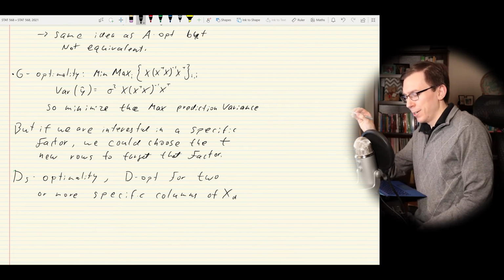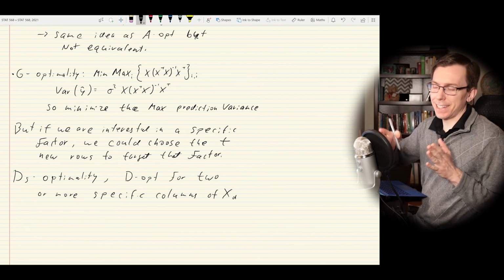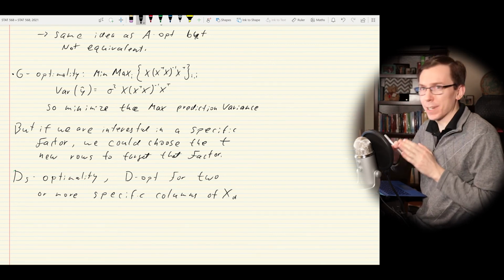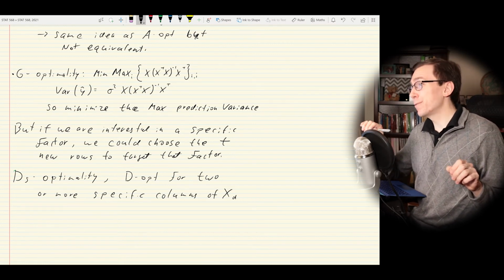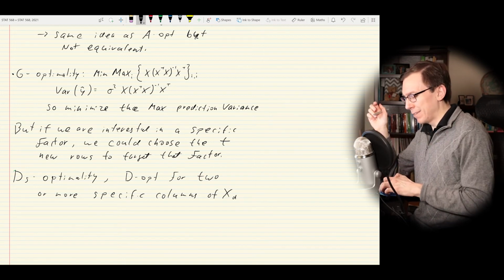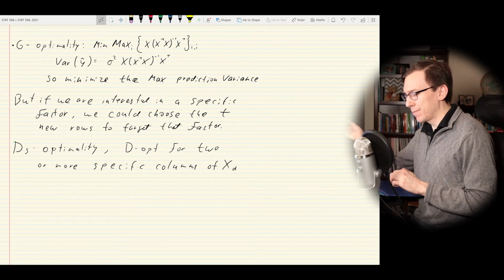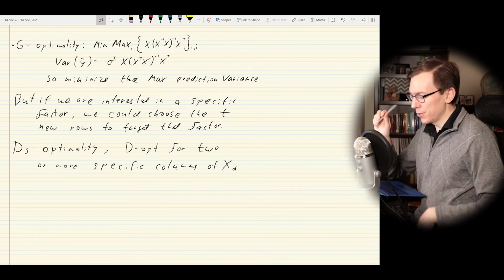Like I said when we were leading up to this, if I have two columns or two main effects that are of particular interest, and I want to make sure that they're not interfering with each other, I can target my follow-up data collection to focus on those two columns.